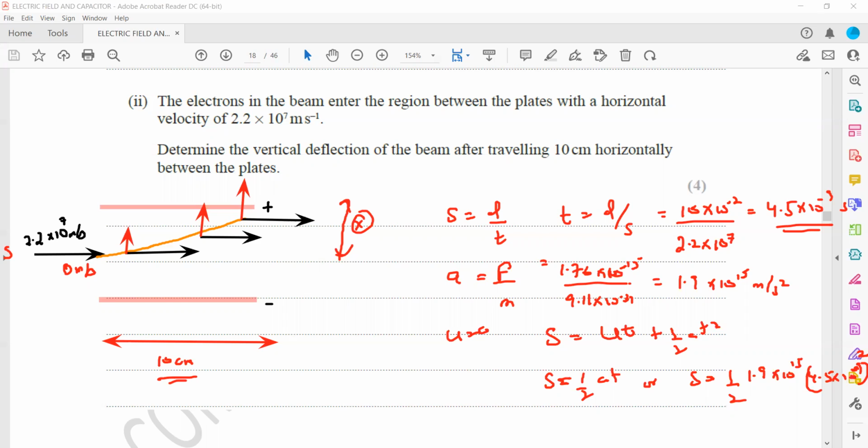When we simplify this, it will be 0.02 meters. So the vertical displacement is 0.02 meter.